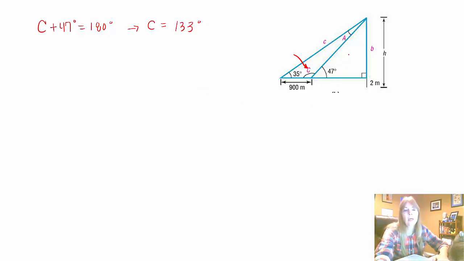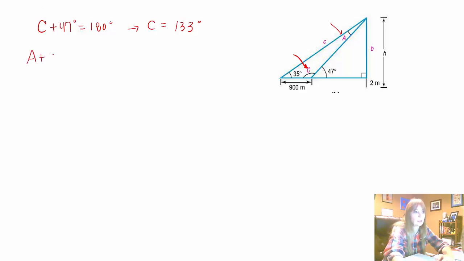All right, then I could actually find A now. So I'm going through and solving for different pieces to figure out how I'm going to get B. So I know A plus 35 degrees plus this 133 degrees should equal 180 degrees. So in this first triangle, A equals 12 degrees.